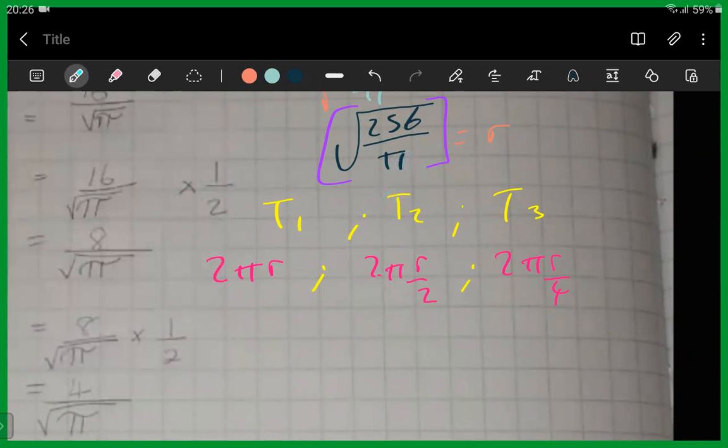Logically speaking, you should be able to see that this is not necessarily an arithmetic sequence. You're not necessarily removing a specific number, because you're multiplying by a half.